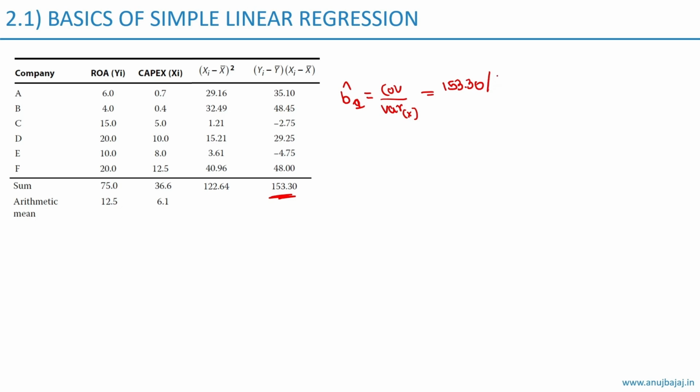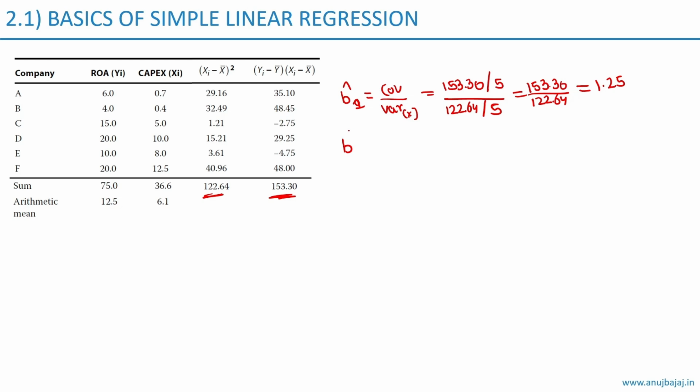We have 6 observations, so the denominator will be 5, and variance equals 122.64 divided by n minus 1, which is 5. So we can also write this as 153.30 divided by 122.64. So the slope coefficient equals 1.25.